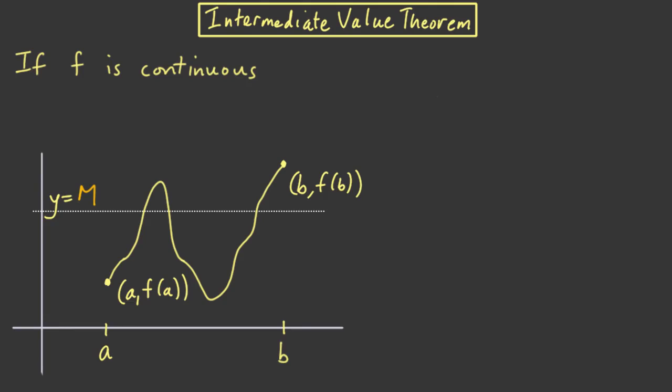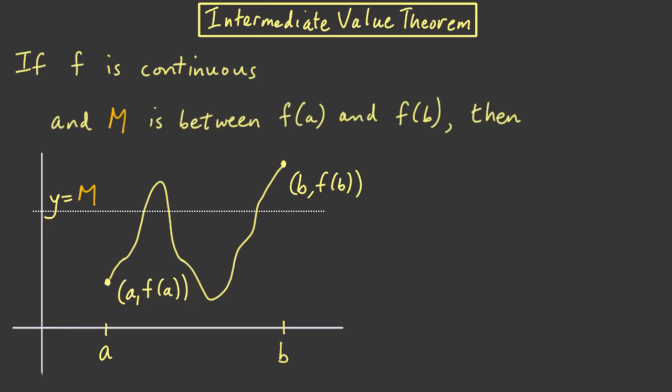This is called the intermediate value theorem, and it states that if f is continuous and we have some value m that's between the values of f of a and f of b, in other words, m is an intermediate value, then what?